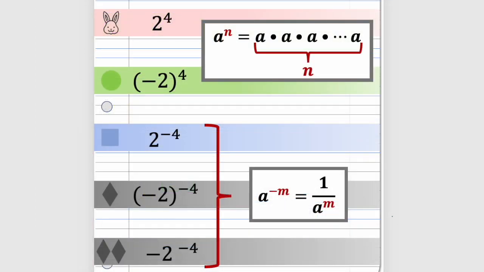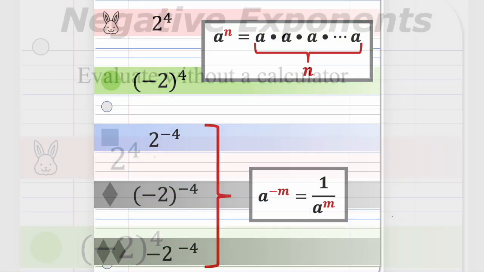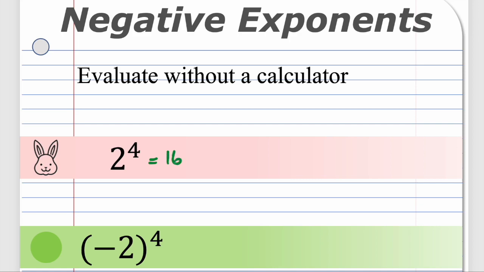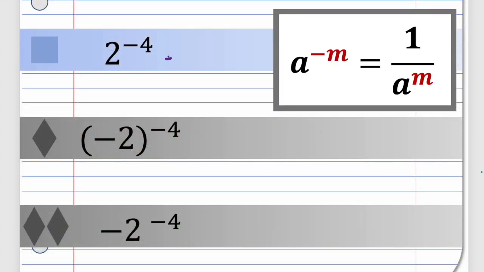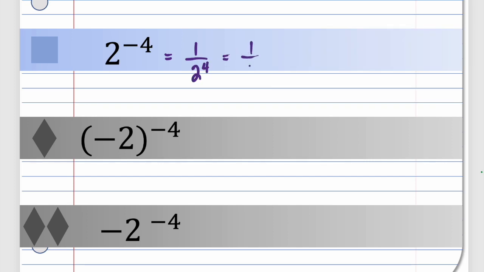Let's see if we can do these questions faster. 2 to the 4 is 16. Negative 2 to the 4 is 16 as well. 2 to the negative 4 is 1 over 2 to the 4, which is 1 over 16.